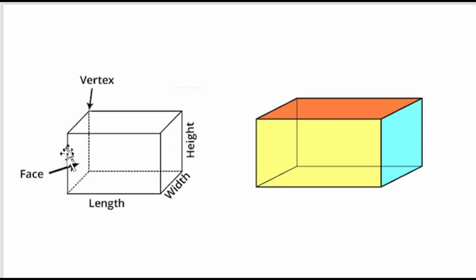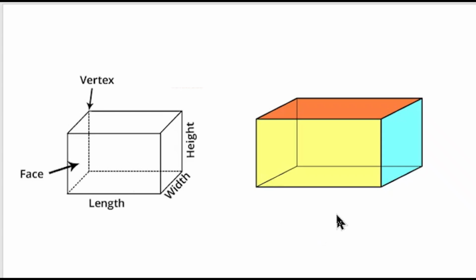Each side is called a face. Each is a rectangle. And the corners are called vertices. Each corner is a vertex, and each side, which is a rectangle, is a face. Each surface is a face.